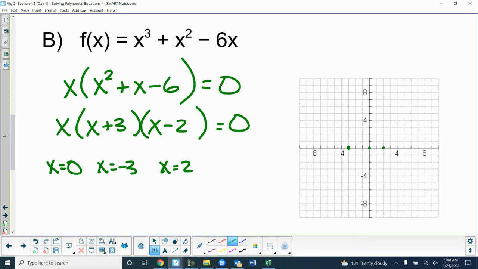It's also going to start down here. It's probably going to go up, come down, and back up. It's going to look like this. Okay? Watch.